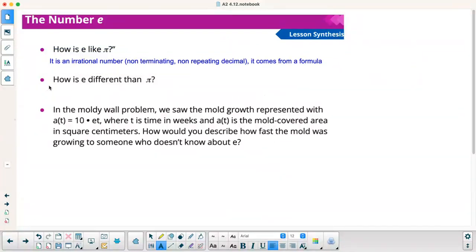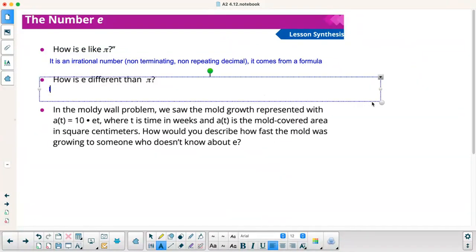All right, how is it different than pi? I would say it's a different number. It does not apply to circles. Or, well, I guess maybe a little bit of geometry, maybe not. Just say it doesn't apply to circles.